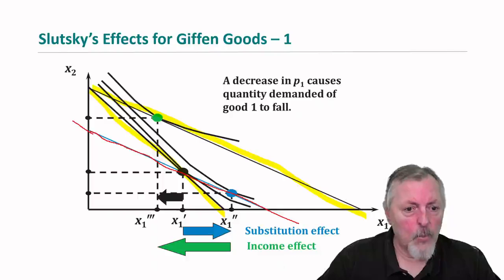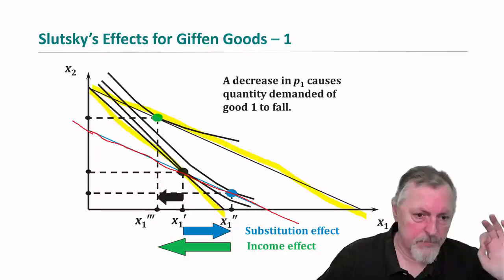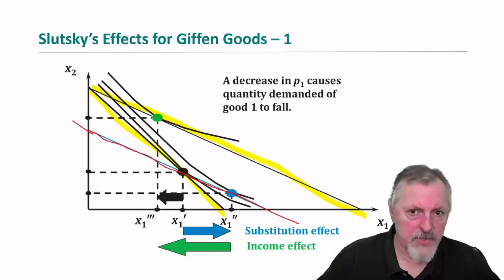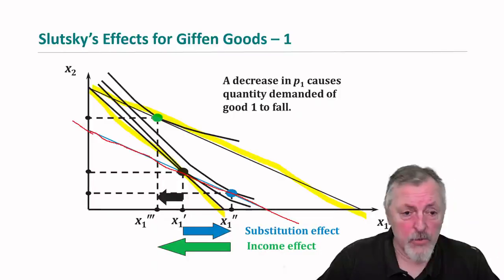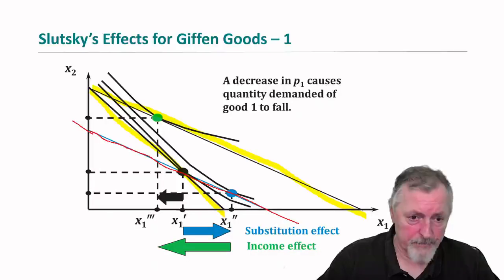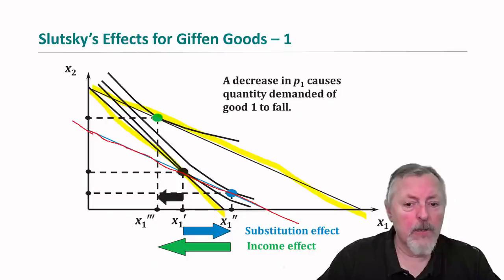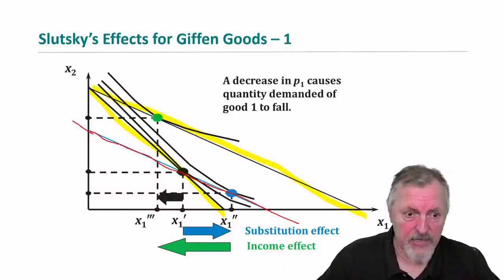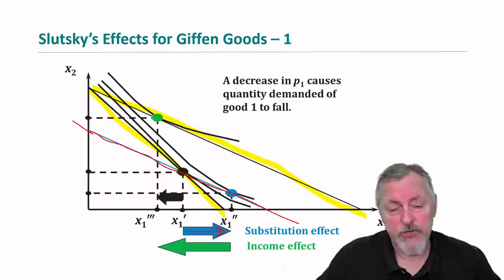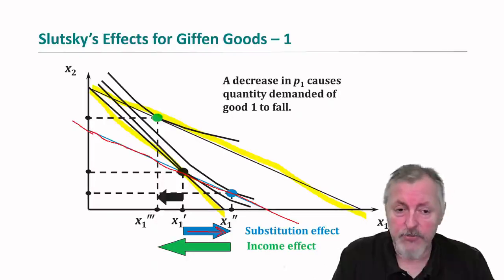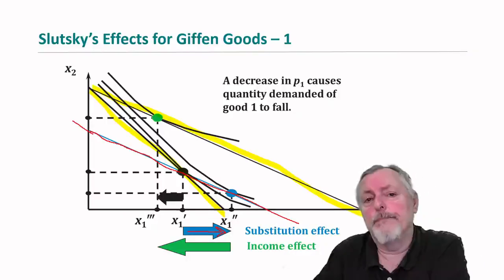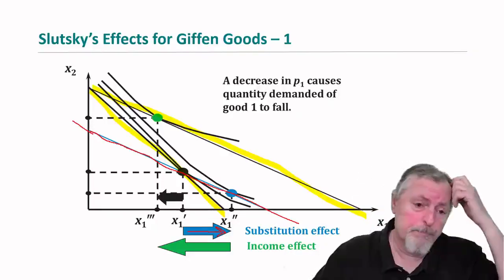And we look at what would you do if you faced that budget line. Well, you would switch from the black dot to the blue dot. Thing one costs less now, relatively less. Well, that would make you want to substitute your consumption towards thing one, the thing that's relatively cheaper.